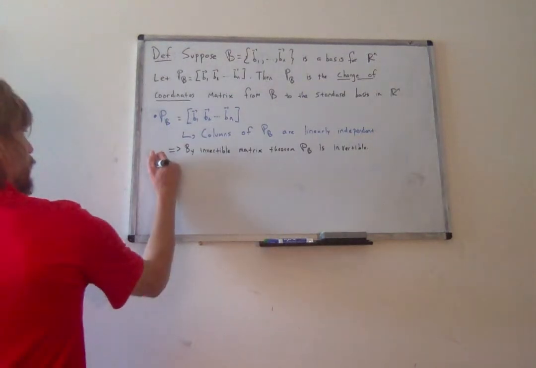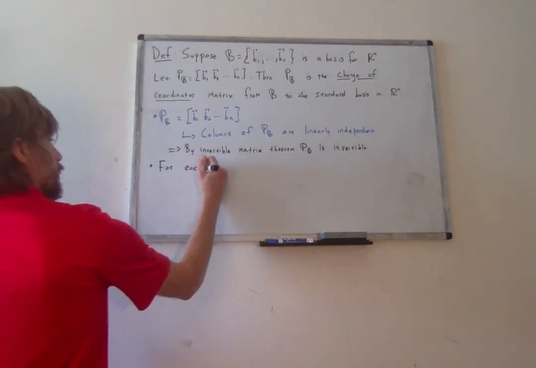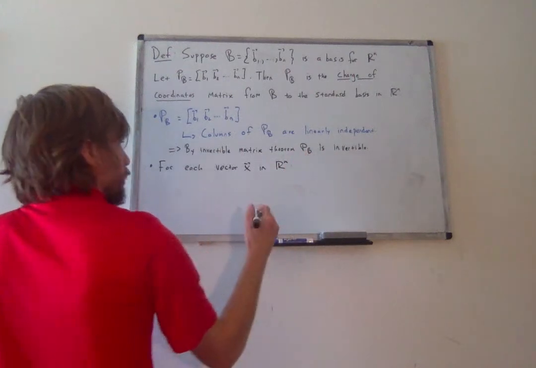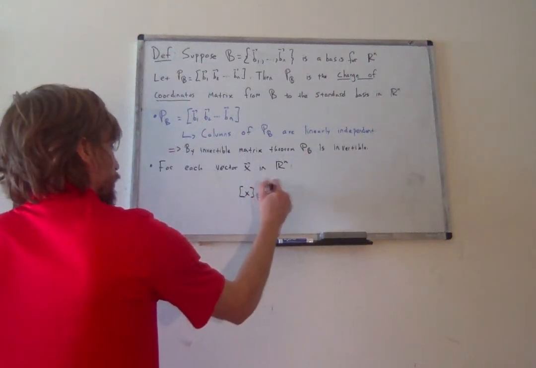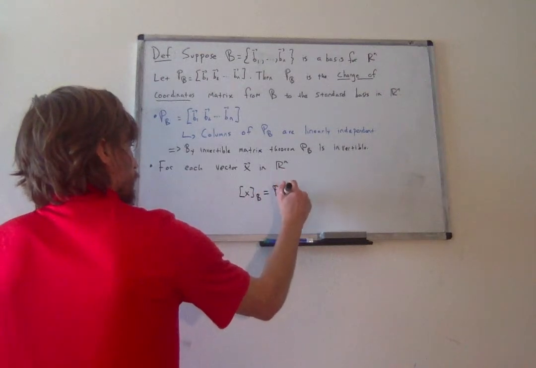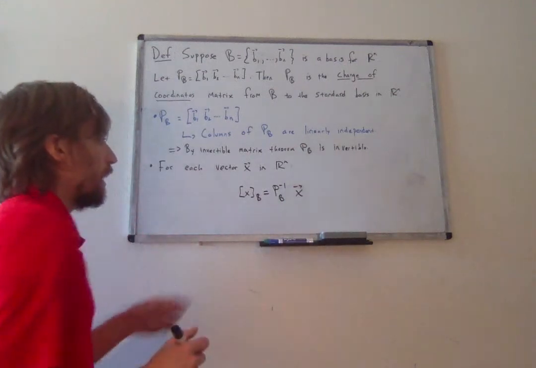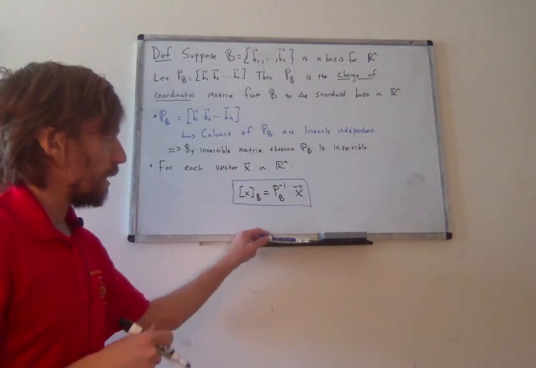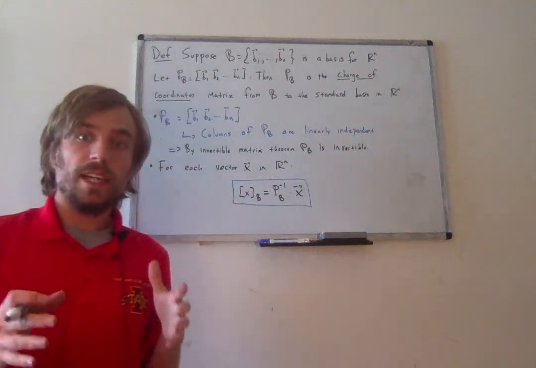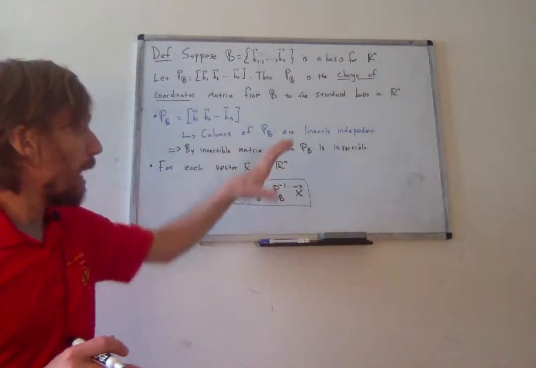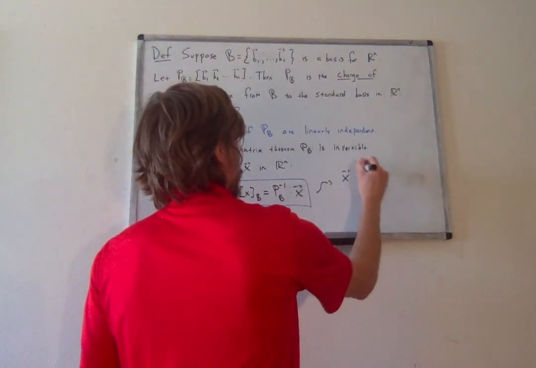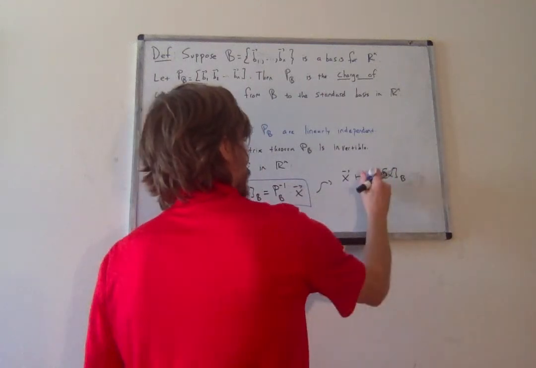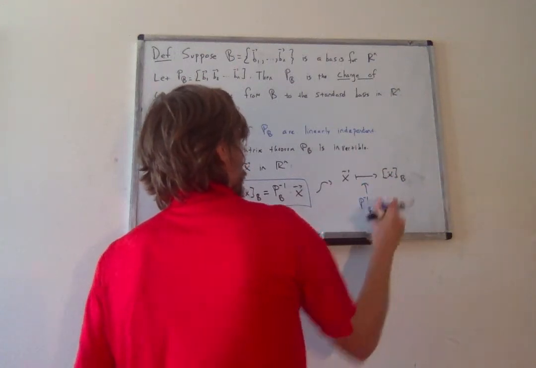Well, this means for each vector x in Rn, we can also calculate the B representation of x in a fairly quick manner by just multiplying the original vector x by the inverse of P sub B. Now, notice if we're just staying in Rn, this means that the change of coordinate map, the map that sends x to its B representation, has matrix P sub B inverse.